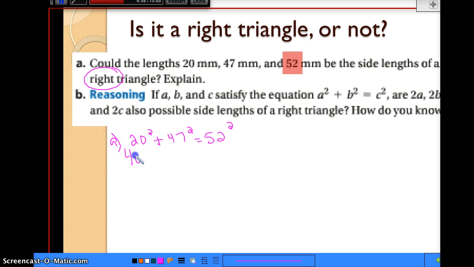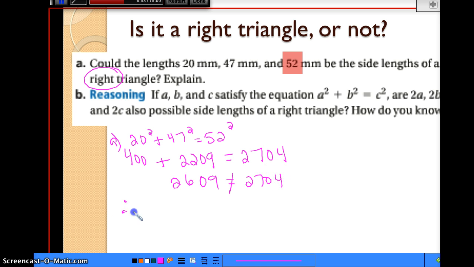20 squared is equal to 400. 47 squared is equal to 2209. And 52 squared is equal to 2704. 400 plus 2209 comes out to 2609, which is not equal to 2704.